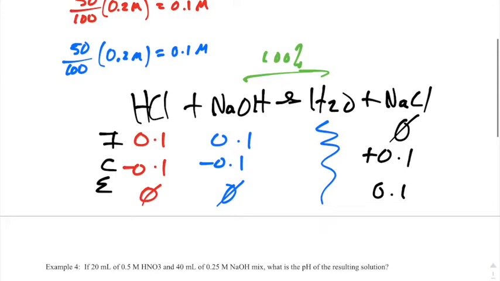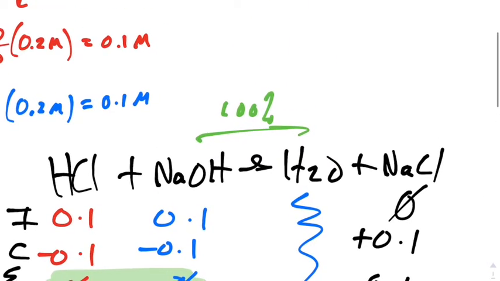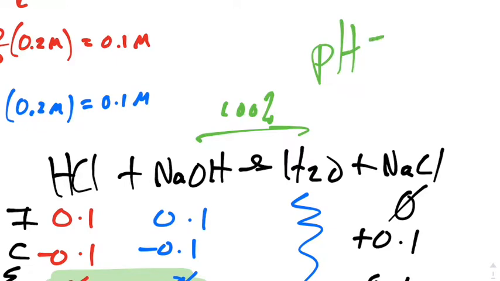So if you end up at this point where you have nothing of one and nothing of the other, it's technically not 0. But if you end up there, you can safely assume that you have a neutral, and your answer is going to be a pH or a pOH of 7, assuming, again, you're under normal circumstances, 25 degrees Celsius, where the Kw is 1 times 10 to the negative 14th.